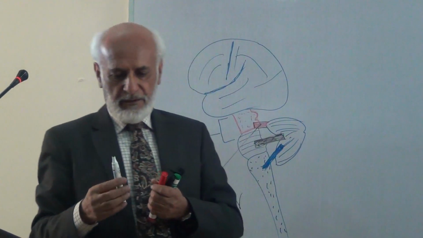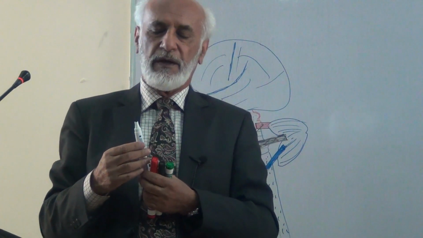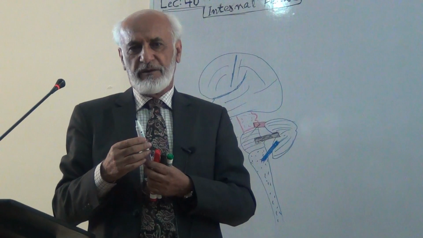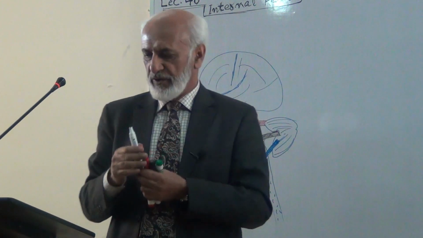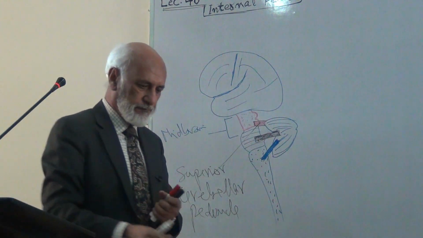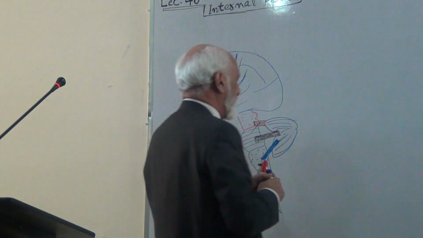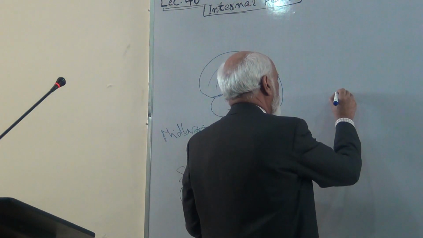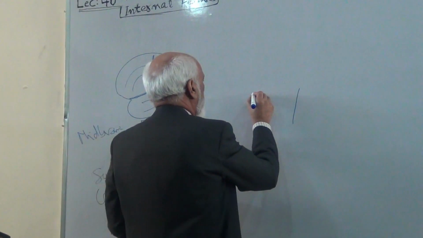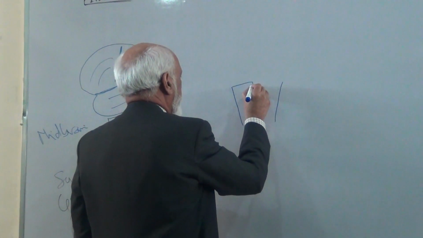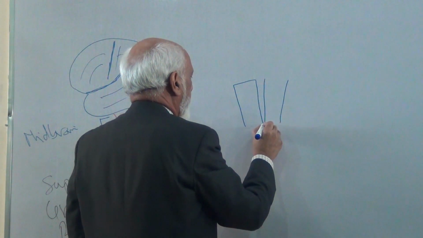Now it is somewhat cylindrical in shape, but for descriptive purposes, as I told you, we describe the midbrain external features: front view, lateral view and posterior view. Now, anterior view of the midbrain. There are two rope-like structures known as the crus cerebri.